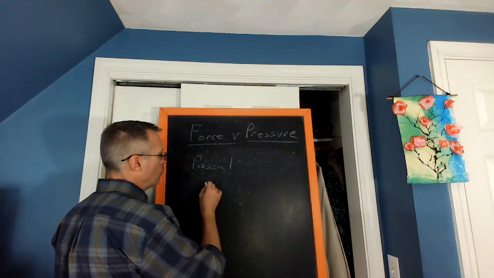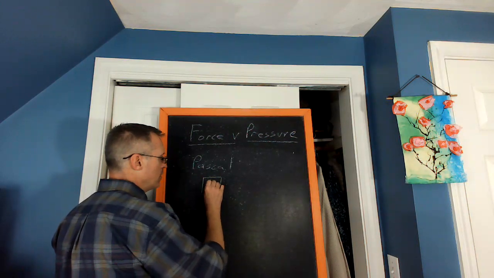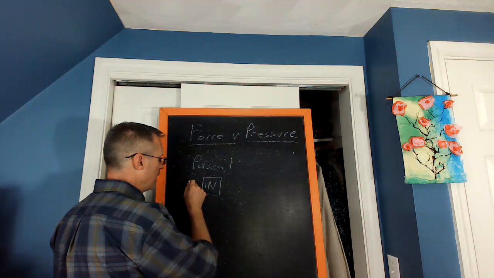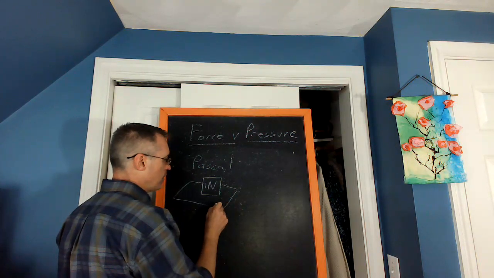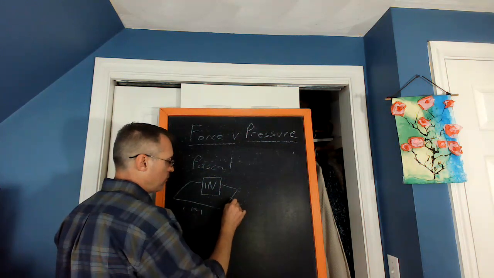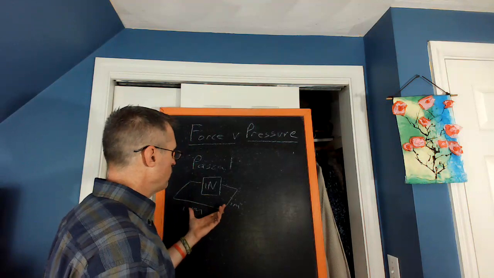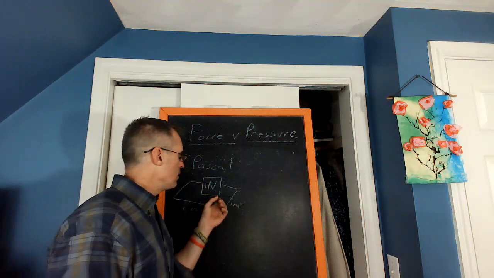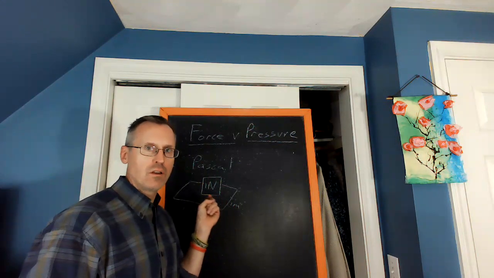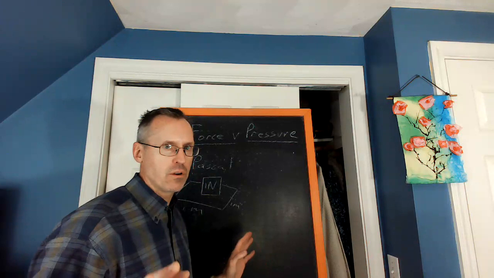What a Pascal would be is the amount of pressure you would get, let's say I had a 1 Newton weight, and I put it on top of a square surface area that is 1 meter on each side. A Pascal would be the amount of pressure you get on that 1 meter square area if you put a weight of 1 single Newton on it, which is really, really small. It's not a lot of pressure at all.